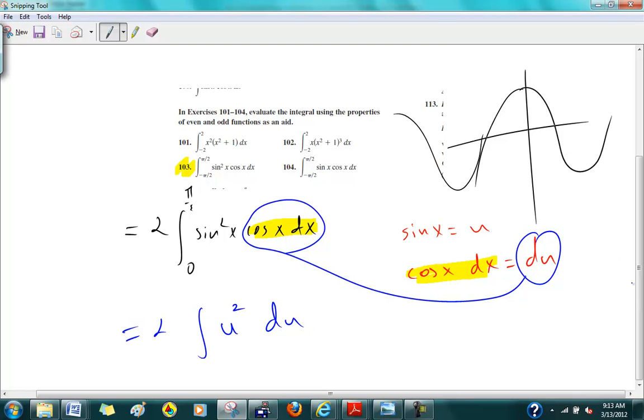Now what about the limits? Should they be pi over 2 and 0? Why, Henry? Explain why. Let me ask you this question: these limits are pertaining to what variable?